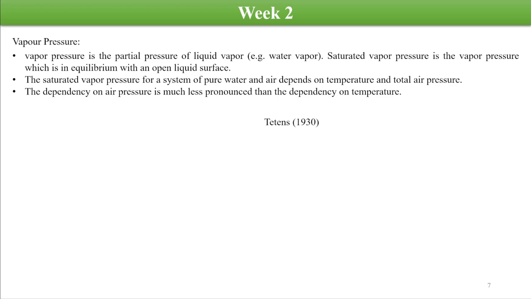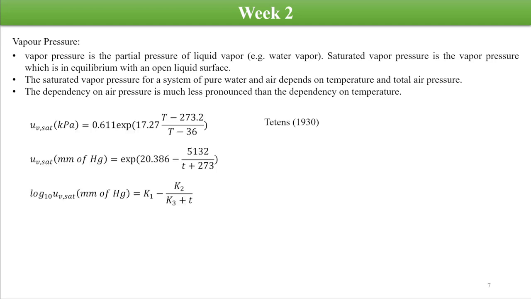So the saturated vapor pressure for a system of pure water and air depends on temperature and total air pressure. But its dependency on total air pressure is very little. So it basically depends on the temperature. To determine the dependency of the saturated vapor pressure on the temperature, this formula is given by Tetens 1930.